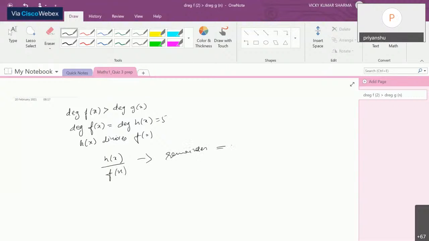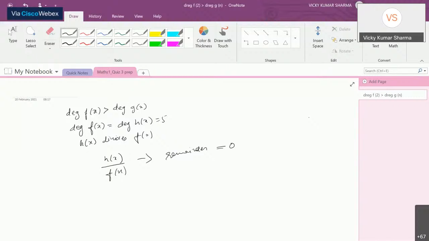The remainder will be 0, because it says it divides. When I say 5 divides 10, what will be the remainder? It will be 0, right? So that is the data given to us.